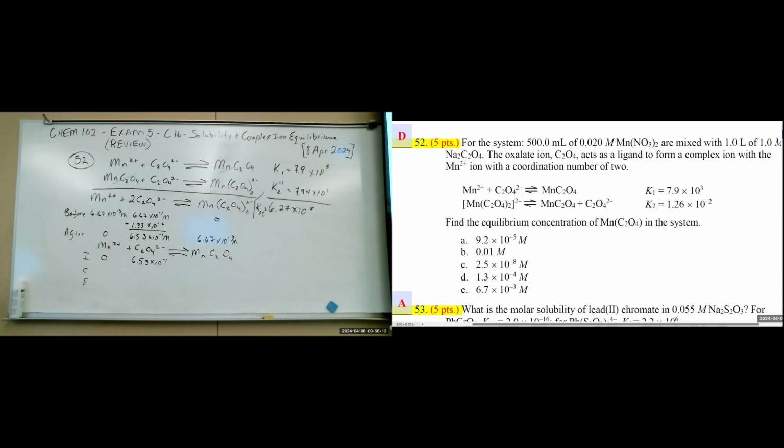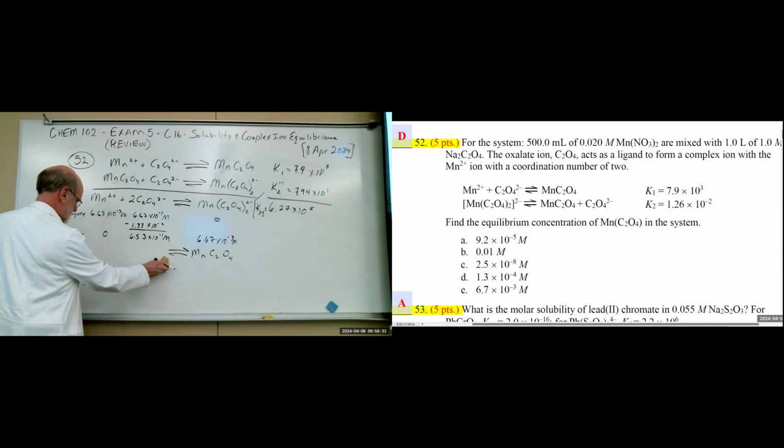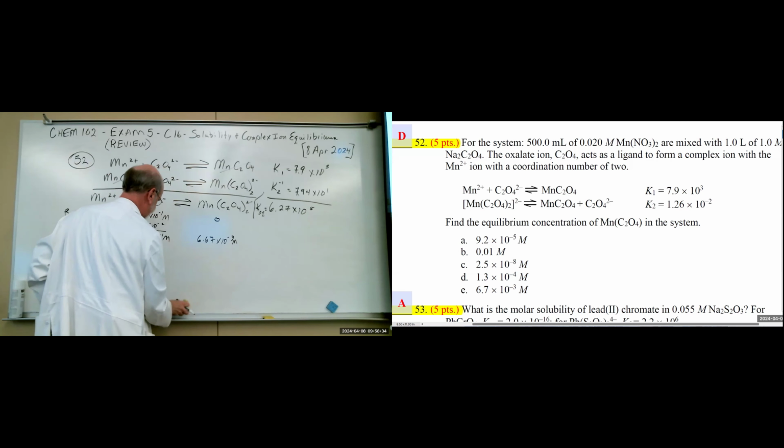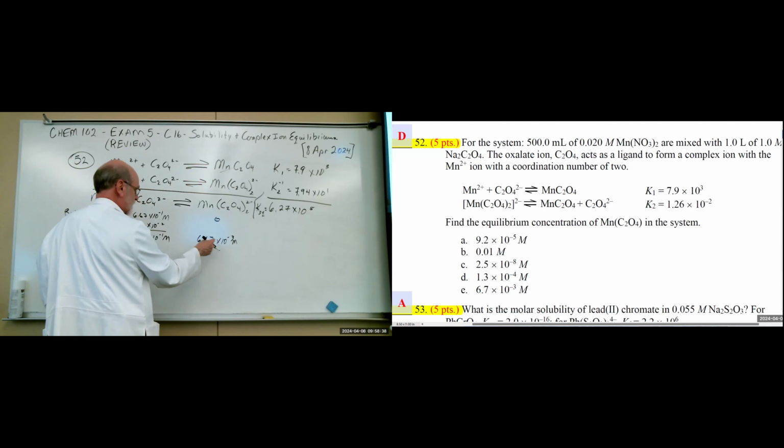I messed up. That's the wrong equation, because we've got the concentration of this in there, right?